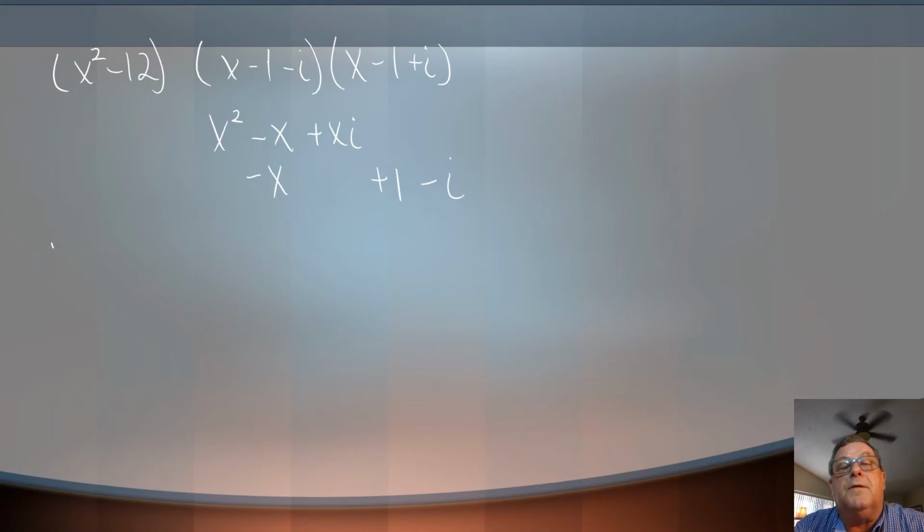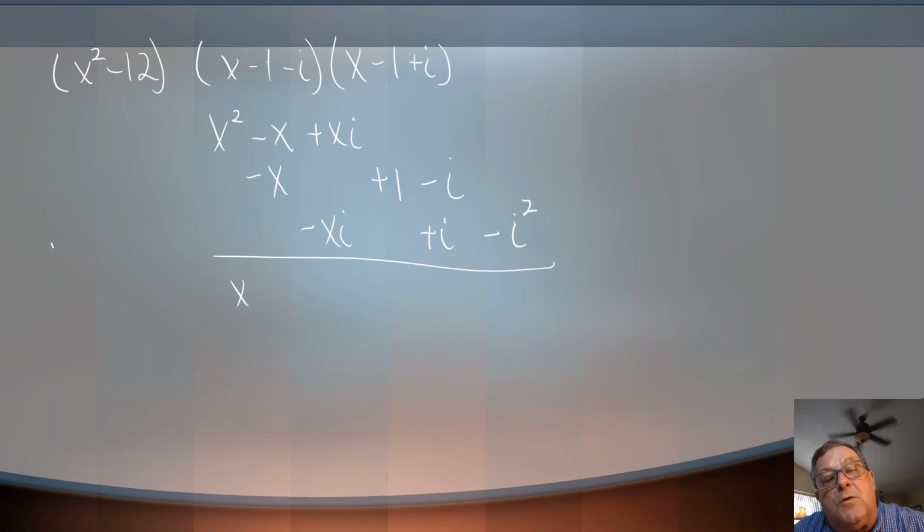All right. Now let's deal with the negative i. Negative i times x is negative xi. Negative i times negative 1 is plus i. And negative i times positive i is negative i squared. And what's i squared? Negative 1. So let's combine like terms here.